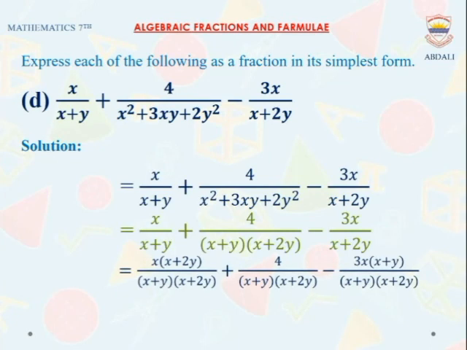So we have multiplied the first whole fraction with x plus 2y, and we have multiplied the last fraction, the third fraction, with x plus y. And now we can see that our denominators are the same. So now we will write the denominator just one time, and we will solve in the numerator.